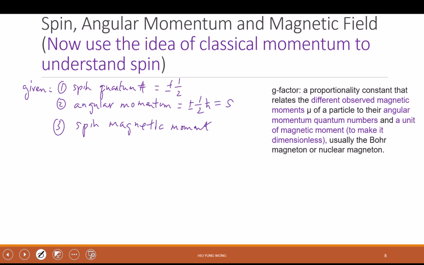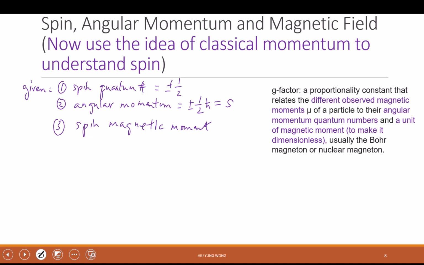Once you have a magnetic moment, I apply a magnetic field, then I will see the energy difference, then I will know where your magnetic moment is, and then I know your angular momentum, and whether you are spin up or spin down. Do you see what I mean? Just like a classical object, let's say I cannot see it moving, all I need to do is measure its magnetic moment, then I will know whether it's rotating clockwise or counterclockwise.